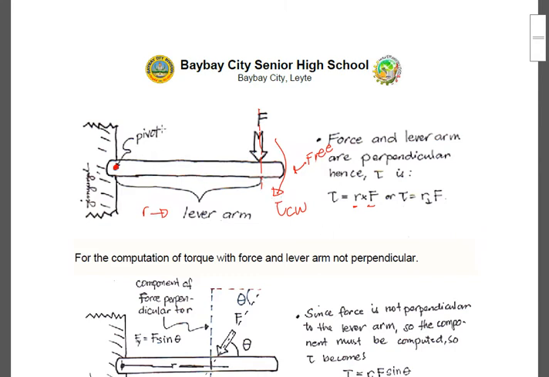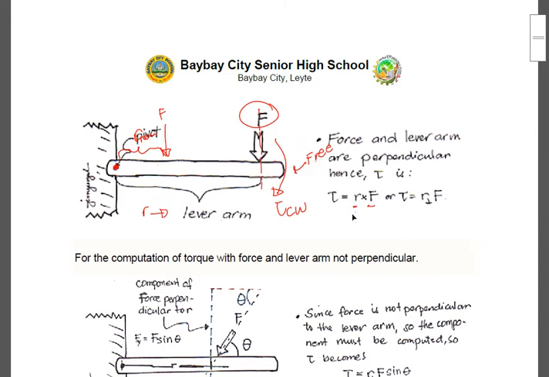If I have the same force, but I apply the force in this part here, it would imply that the bar or the beam will rotate relatively slower. Why? Because the moment arm here now changes. The moment arm becomes smaller.